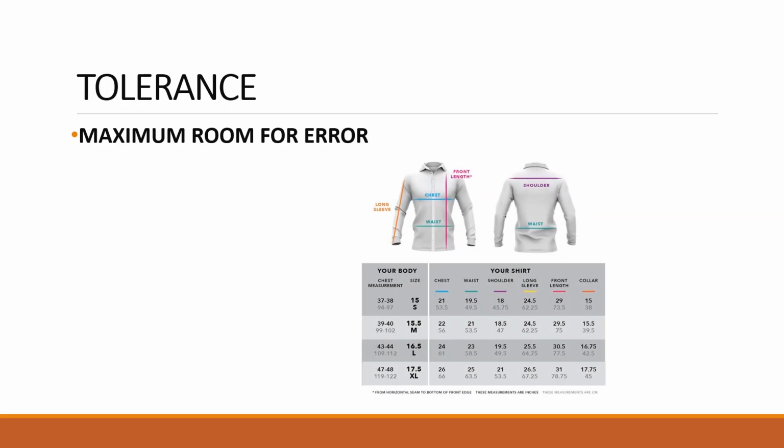An example of a particular measurement tolerance chart has been given. Different areas of the garment have different errors, but how much error is acceptable? That is the most important thing in the measurement tolerance we are talking about.